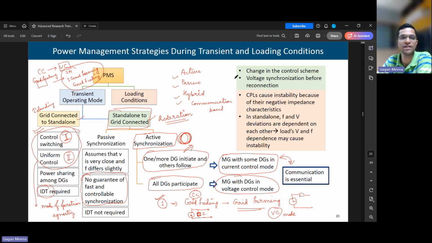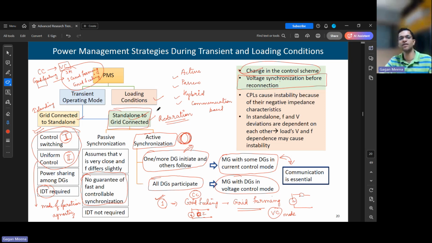Now here you can see, in standalone to grid connected there is voltage synchronization before reconnection, and in grid connected to standalone, there is a change in control scheme.